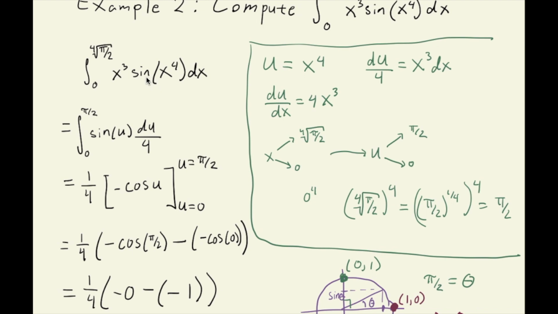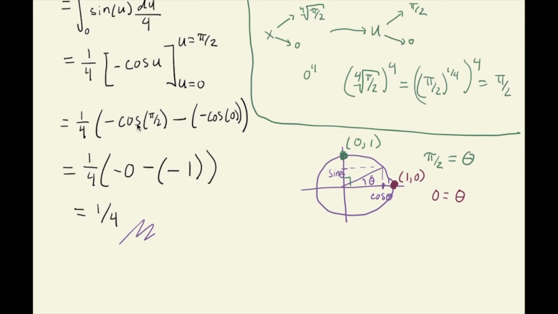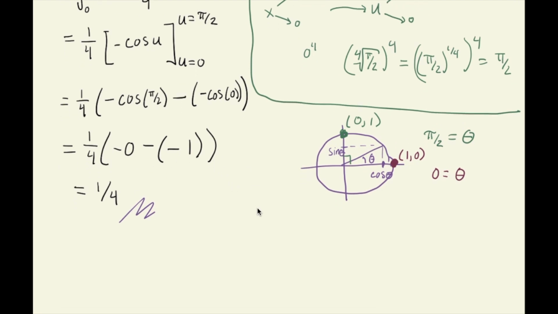So doing that, this turned into sine of u, and x cubed dx turned into du over 4, and we changed the bounds. And then we just found the antiderivative of sine, which is negative cosine, and plugged in the bounds there. Then we had to evaluate cosine of pi over 2 and cosine of 0, which you can do by using the unit circle to remember how to find these things. We got that the value of the integral was 1 over 4.